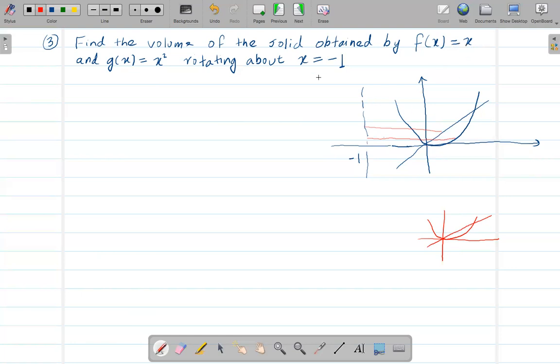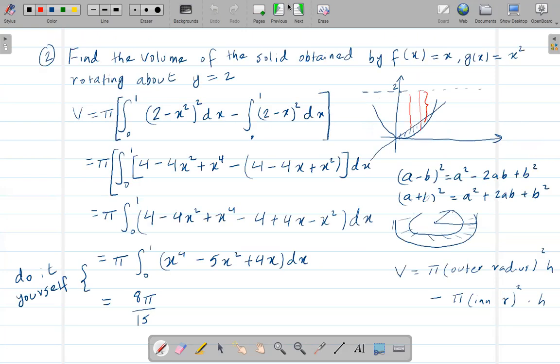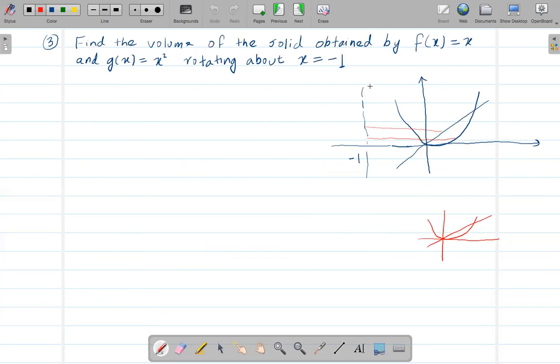But you have to be careful here. Since now we are rotating this about x equals -1, if you go to the last example, we were rotating about a horizontal line. Now we are rotating about a vertical line.